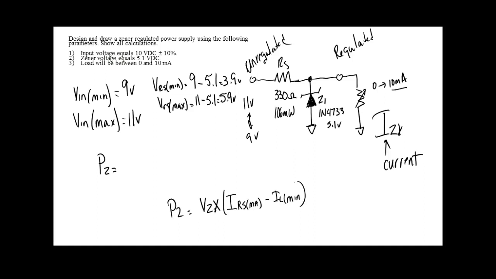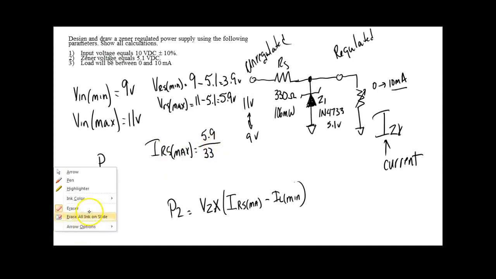The maximum voltage it's going to drop is going to be the maximum current, right? Y'all understand that? Okay. So I'm going to calculate IR max using Ohm's law. IRS max is VRS max, which is 5.9, divided by the size that we chose, not the size that we calculated, the size that we chose. 330 ohms.